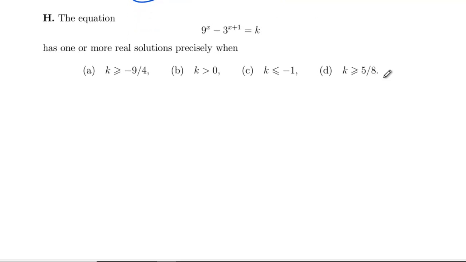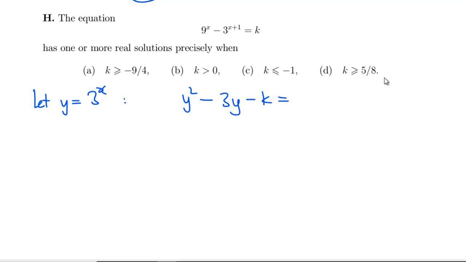H, the equation that has one or more real solutions precisely when. Okay, so this is the usual substitution one. We always do substitutions when we get these powers. So we're going to want to have 3 to the x. So let's say let y equal 3 to the x. So that means we've got y squared. Then this is 3 to the x times 3, so that'd be 3y, is equal to k.